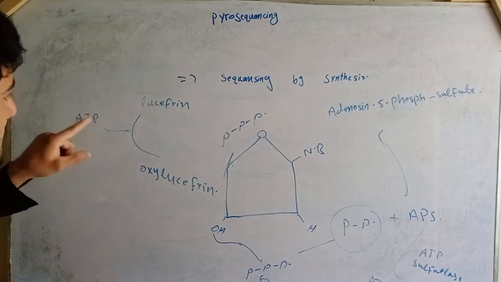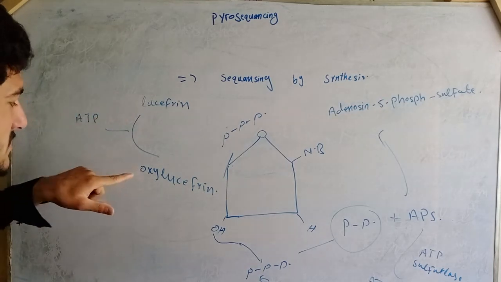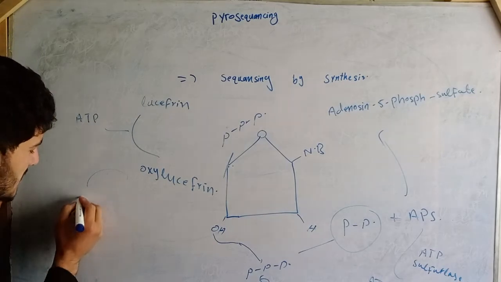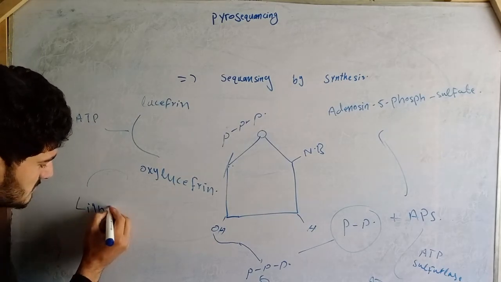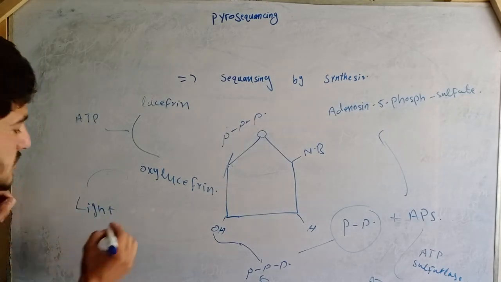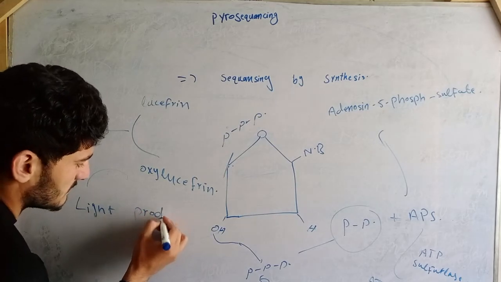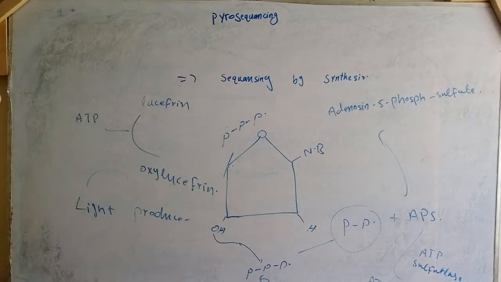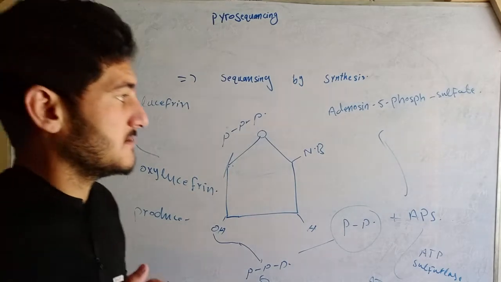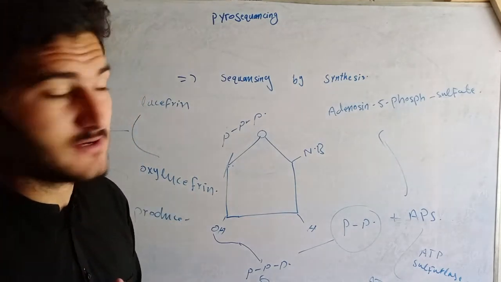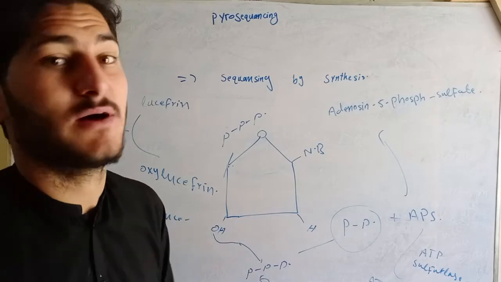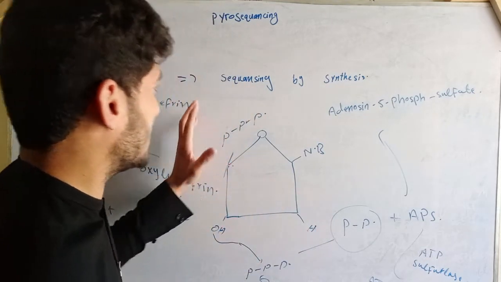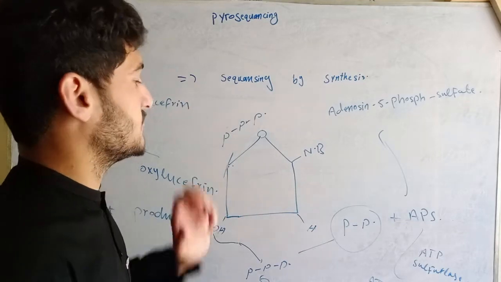When this luciferin is converted into oxyluciferin, light is produced. So this is the mechanism of pyrophosphate production, and how this pyrophosphate helps in pyrosequencing.